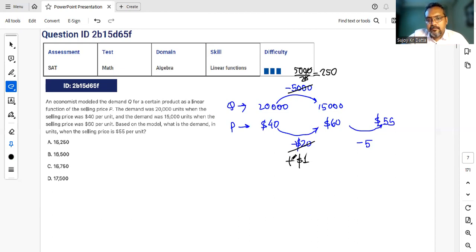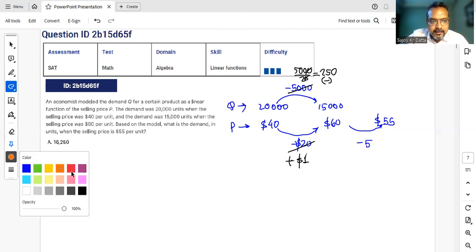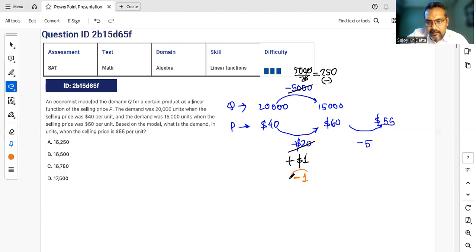So an increase of 1 makes a decrease of 250, and a decrease of 1 would mean an increase of 250. If the price were to decrease by 1 instead of increasing, so minus 1 instead, this side would become plus 250.